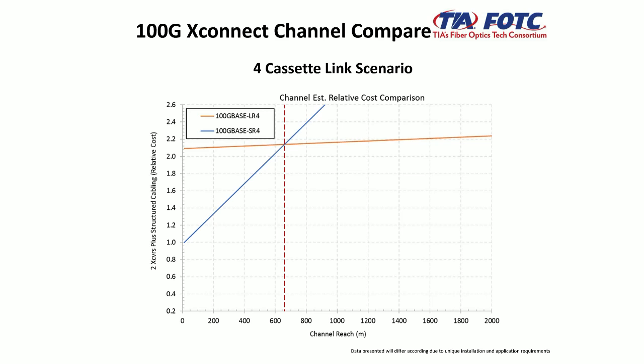So if I buy the transceivers and the cable plant to support it, anything beyond that, single mode wins in terms of total installed cost. If you took the 40 gig version, where the multiplier is about 1.5, the previous slide, and you played the same game, you would see that the equivalency point of one solution for the other for 40 gig LR4 versus SR4 would be much shorter.